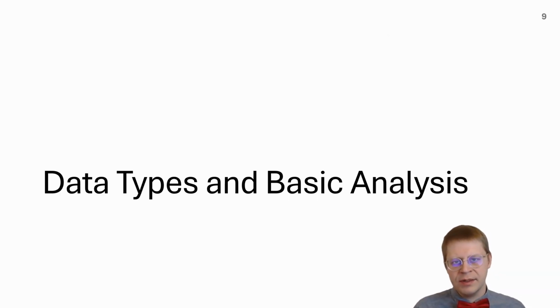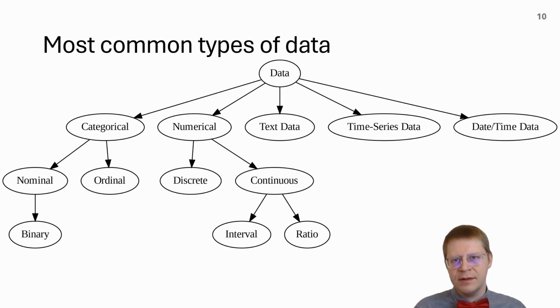Let us talk a little bit about data types and basic analytics. Data comes in different forms, and the first step in EDA is to recognize these types. Data can be broadly categorized into several types: numerical, categorical, ordinal, and time series. Numerical data includes continuous and discrete variables, while categorical data uses labels like gender or color.